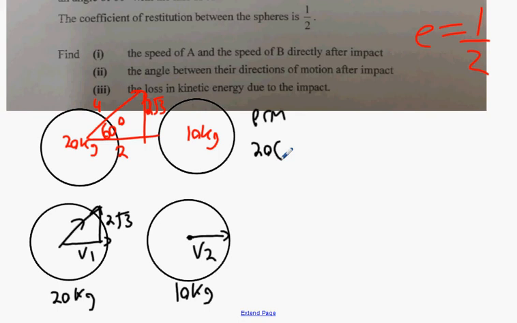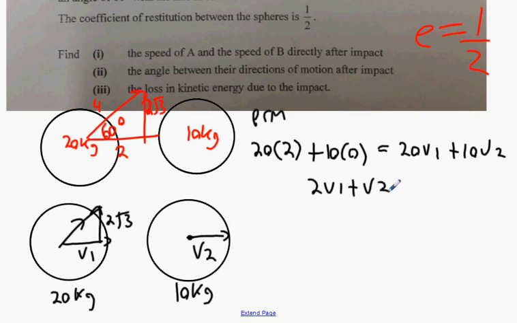So 20 times what? 2. The biggest mistake was 20 times 4. And then 10 times 0 equals 20 times V1 plus 10 times V2. And then we should get 2V1 plus V2 when you divide both sides by 10 equals 4.